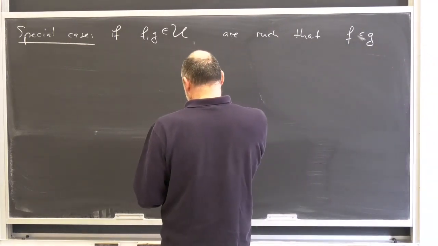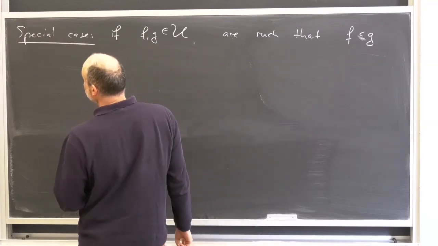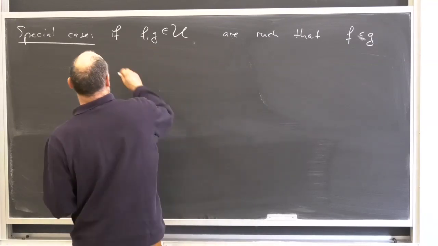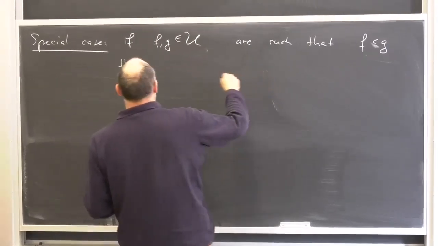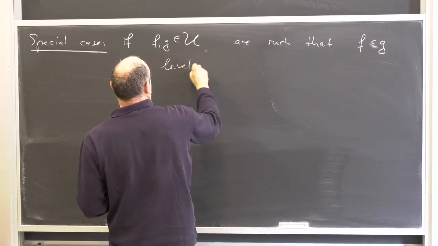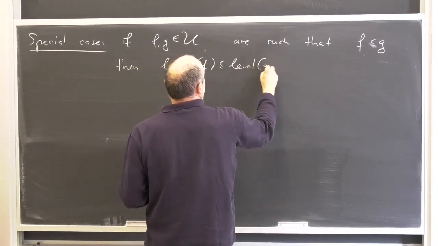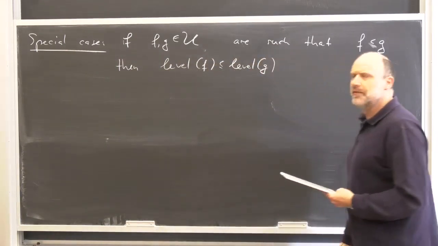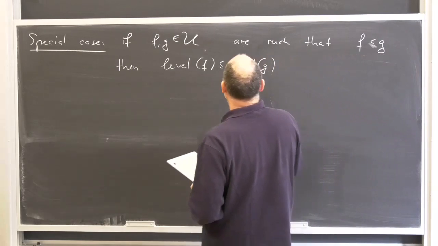Okay, so if I have this, then that means what? The level of f is at most the level of g. This level is decreasing. It's increasing, sorry, on infinitely increasing terms.